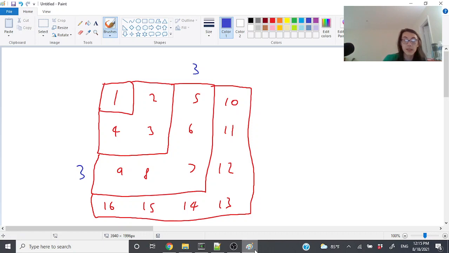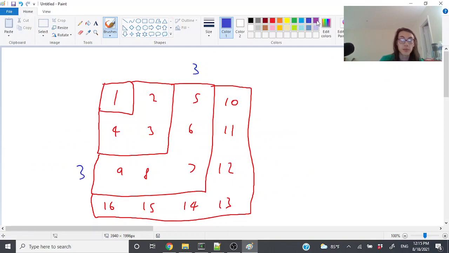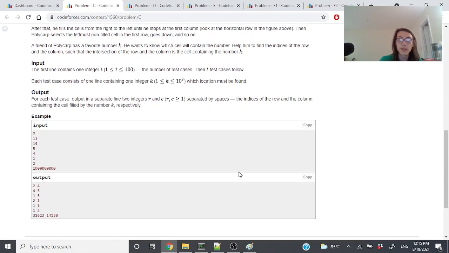So the first thing is, we want to find the square first of all. We can do this in multiple ways. I did brute force because runtime is fine and it doesn't matter that much. You can do binary search, for example.